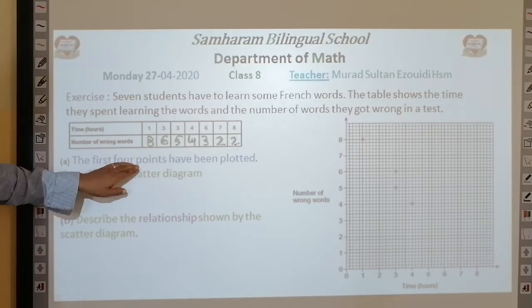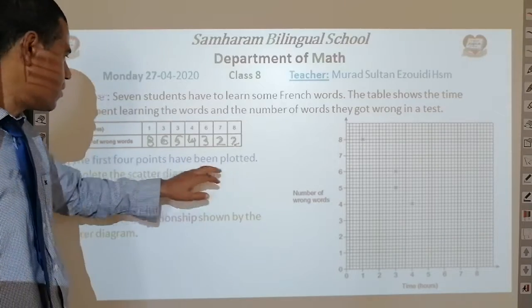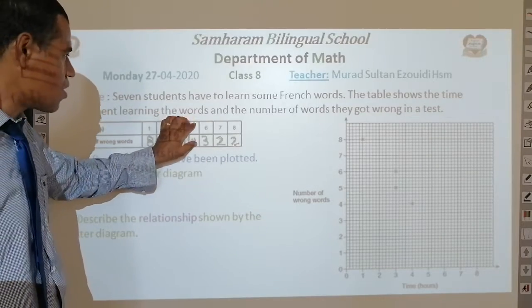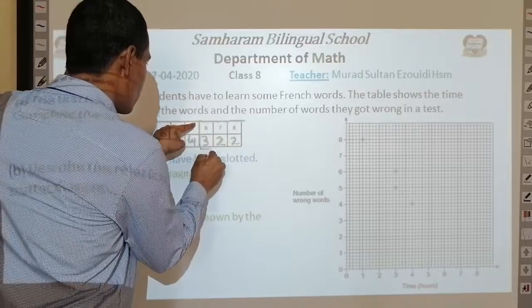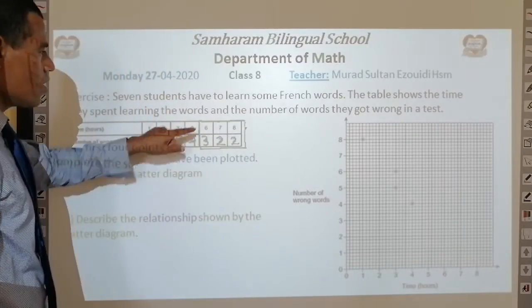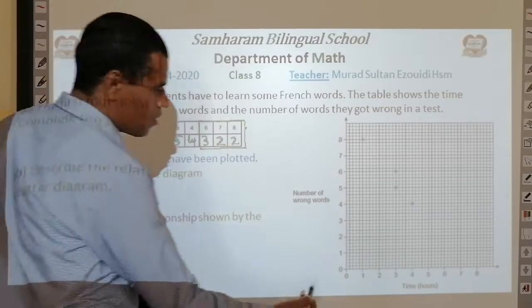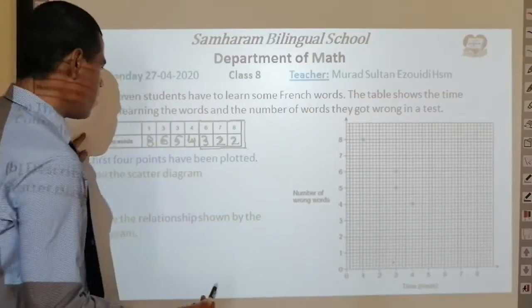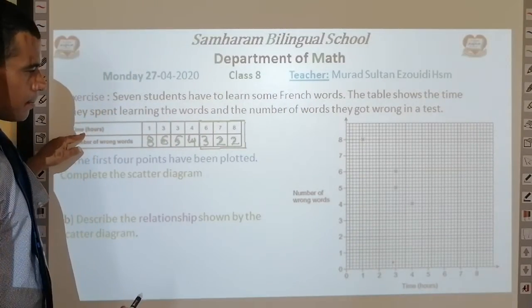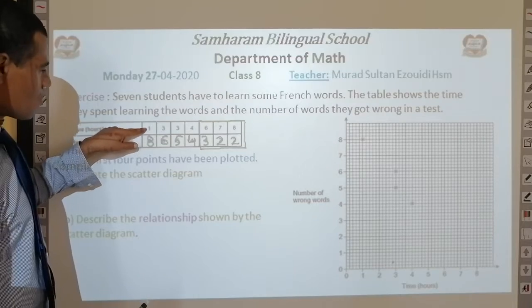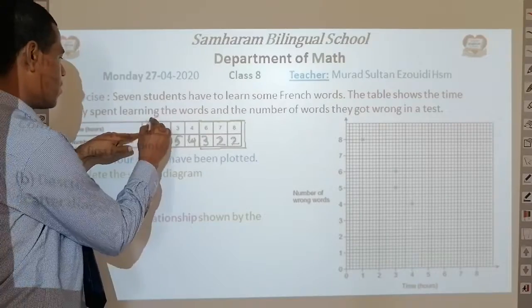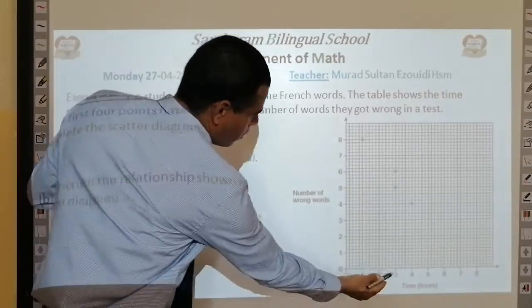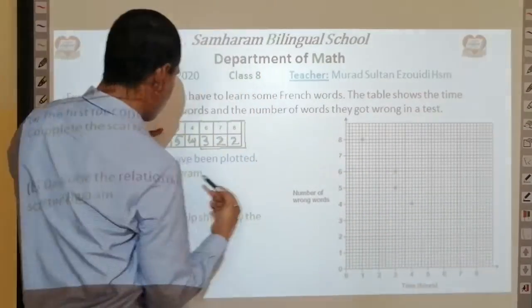The first 4 points have been plotted. 1, 2, 3, 4. So we should continue plotting the next 3 points. For 1 hour we have 8, it was done. For 3 hours, we have 5 and 6.